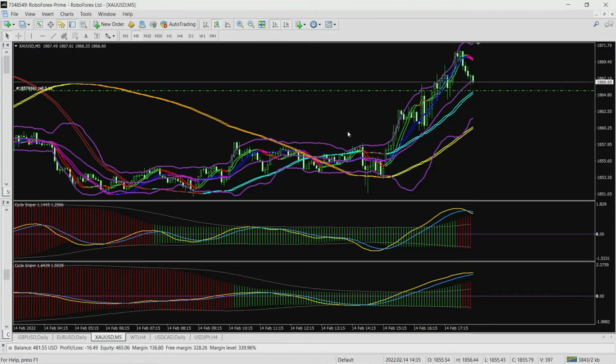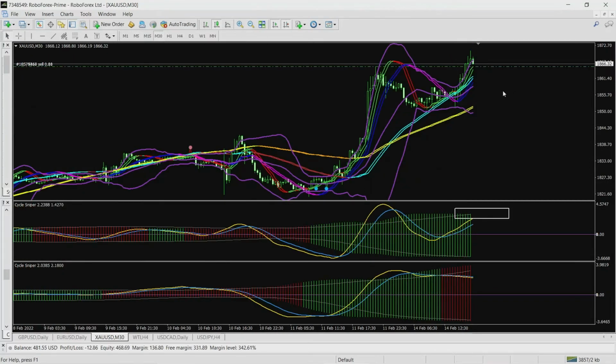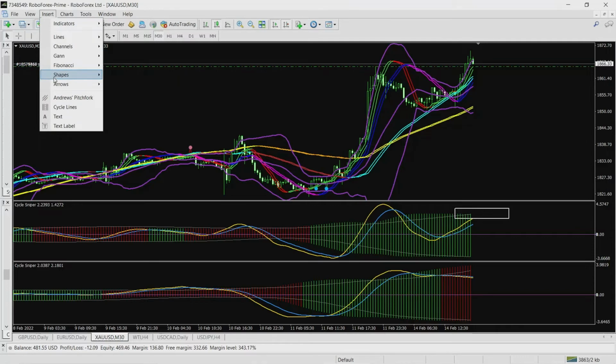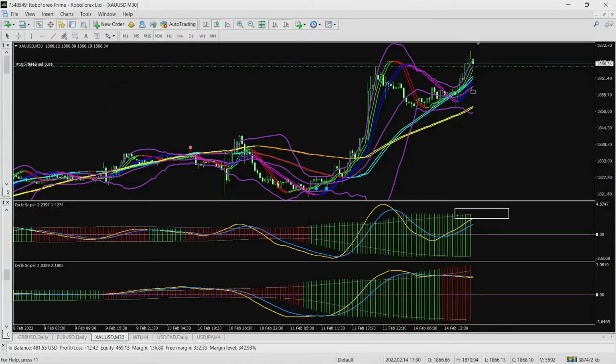Big fall is soon. Let's go back to 30 minutes chart. Down to somewhere 1650, 1653 somewhere.